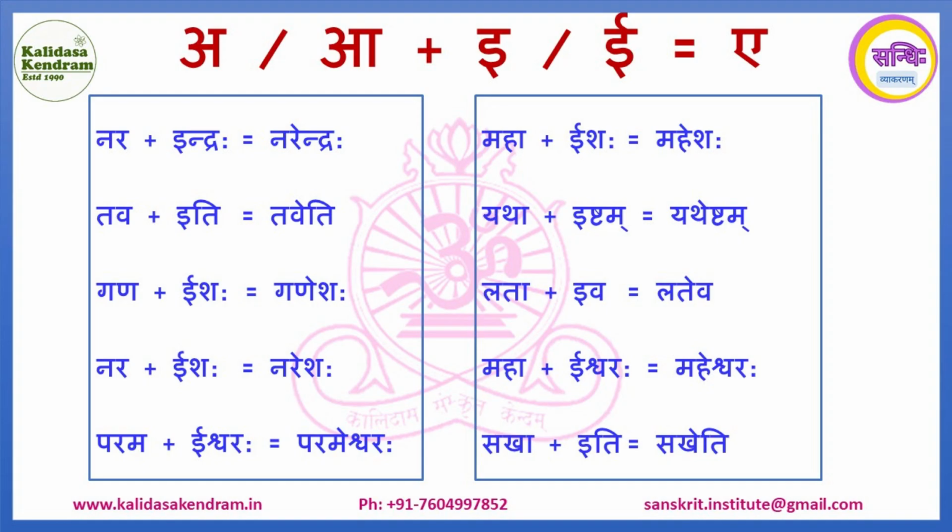Sakha plus iti, sakheti. Whenever we see such words in the shlokas or in the sentences, we should understand that a or ā plus i or ī becomes e. So e contains a or ā plus i or ī. Clear?